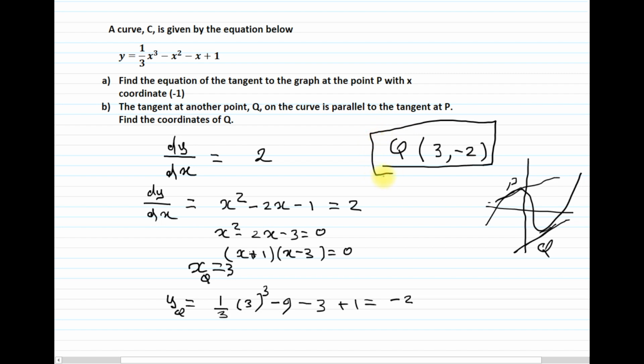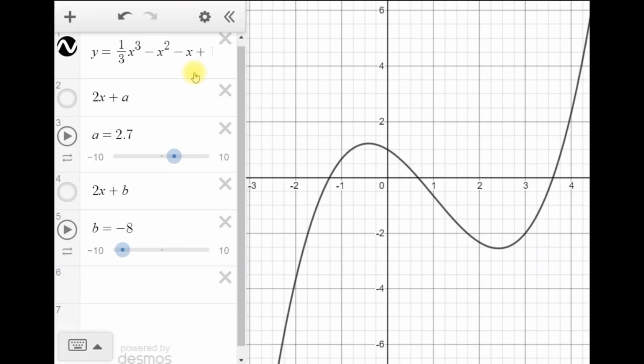I hope this has been useful, but I'm going to demonstrate all of this to you graphically using Desmos. Now here we can see the curve y equals 1/3 of x cubed minus x squared minus x. I think there's a plus 1 here somewhere, which is not showing at the moment. Yeah, plus 1 there.